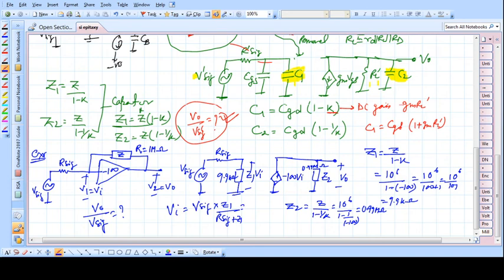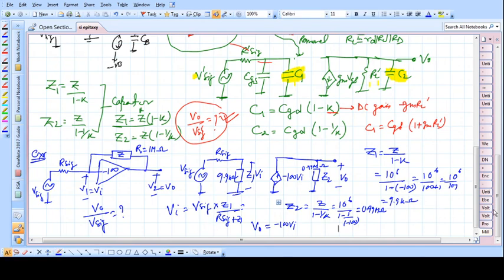I am not putting the value yet, because we have to find V naught by V signal. So V naught is minus 100 times Vi.